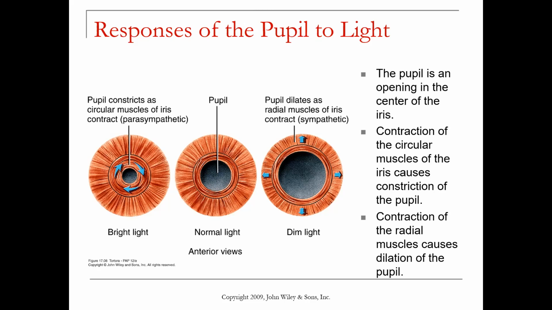Now, if we go into a dark room, then our pupils will open up even more to try and maximize the amount of available light that can strike the retina. And so the shape and size of the pupil is based on the contraction and relaxation of the smooth muscles of the iris. So in dim light, our pupil gets really big, and in bright light, it gets very small.